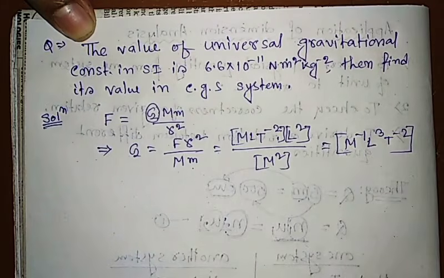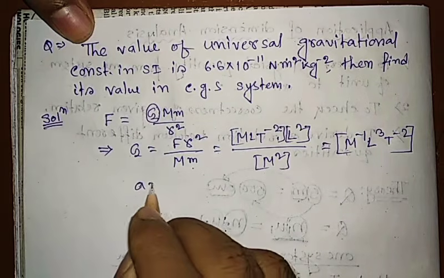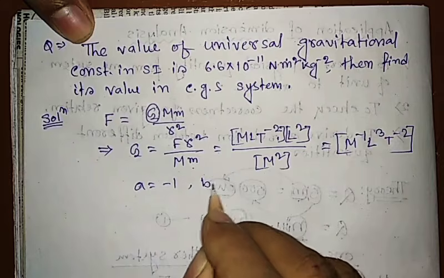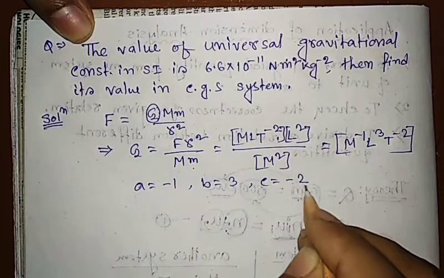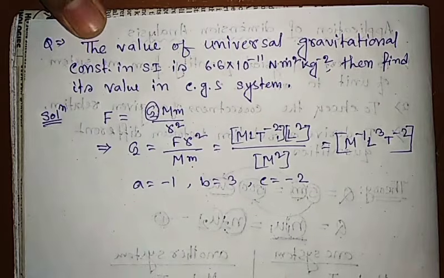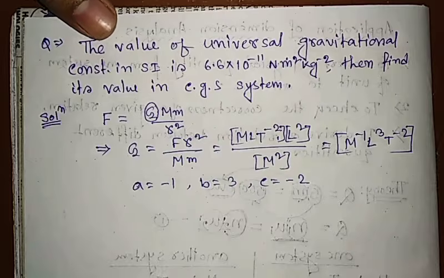Okay, M inverse L cube T to the power minus 2. So now A is equal to minus 1, B is equal to 3 and C is equal to minus 2. So it is clear to us that the values of A, B, C are minus 1, 3 and minus 2.